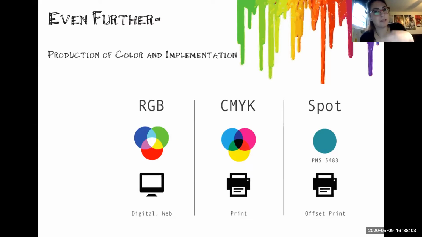So that's capturing light, and that's where RGB comes in, mixing the colors that you see on the screen from just red, green, and blue, which is an entirely different process than what we just talked about, the primary and the secondary colors. And then CMYK, which is the mixture of cyan, which is a blue, magenta, which is a red, pink, and yellow, and then K, which represents black, in a printer.